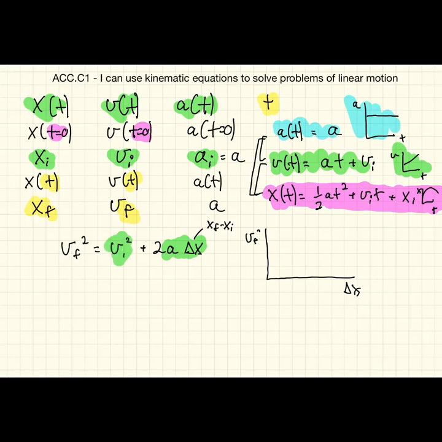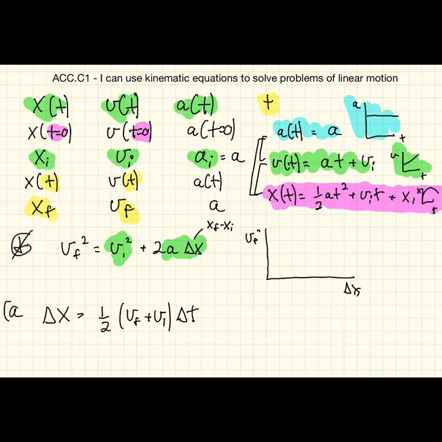And then the second equation tells us that delta x equals 1/2 times v final plus v initial, times delta t, right? The kinematic variable missing here is acceleration; in the previous one we didn't have time.